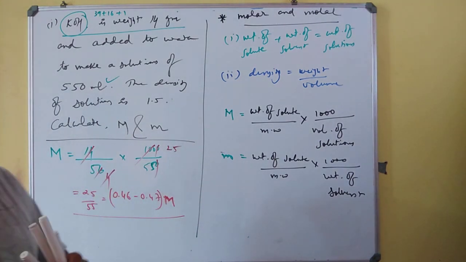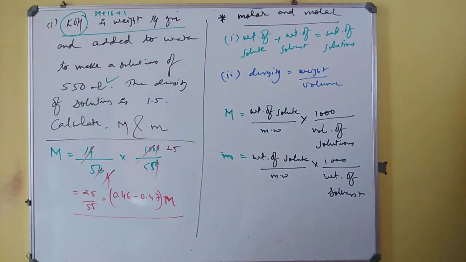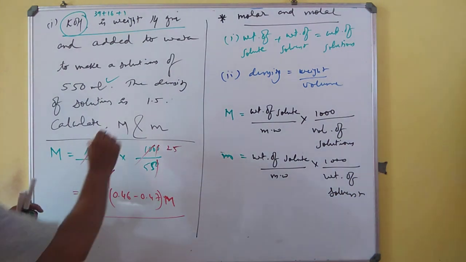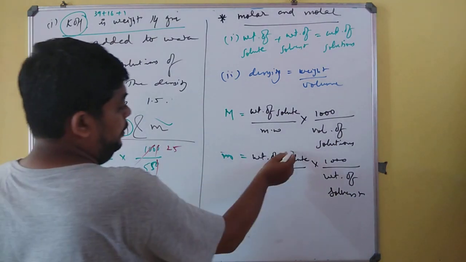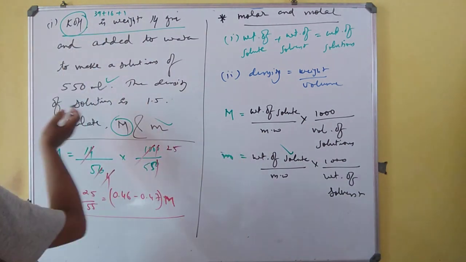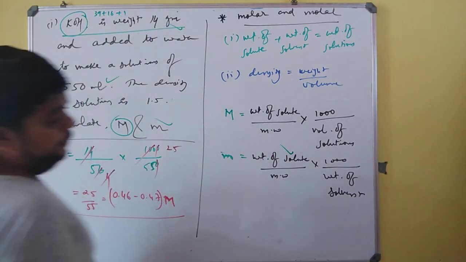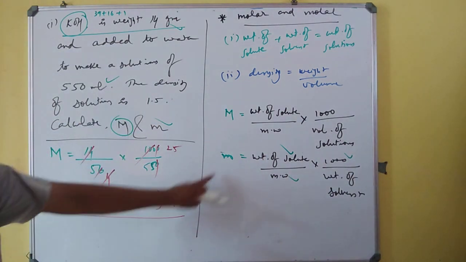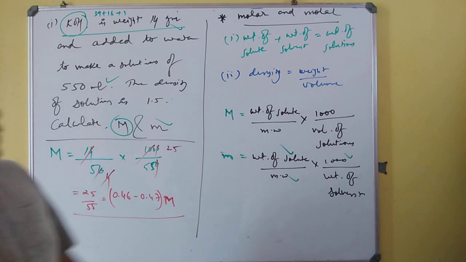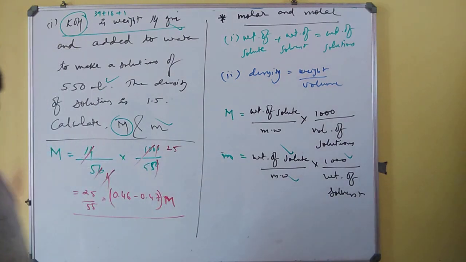Now we need to calculate molality also. But if you look into the formula of molality, weight of solute is given. 1000 is common, molecular weight is common. You are supposed to find out molality, and you are also not given weight of solvent.